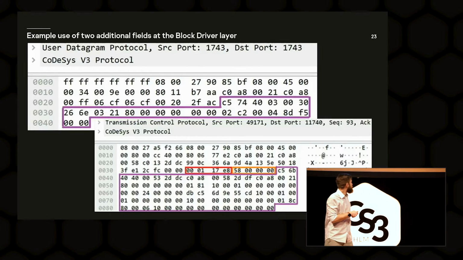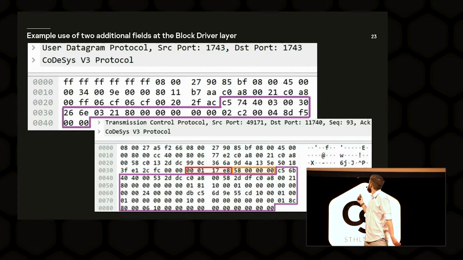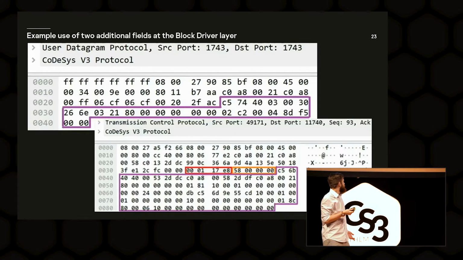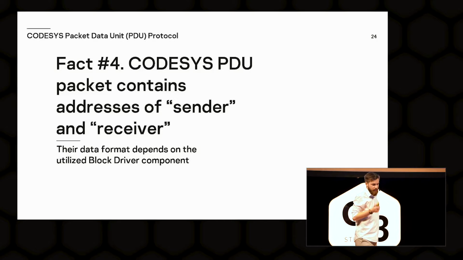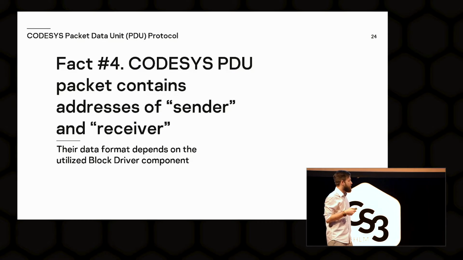For example, here we have a magic string and the size of the remaining data, which is one plus the size of its own size, plus the size of the previous field. That's really strange because a field must know its own size, but it works like this. And the next fact is that CODESYS PDU contains addresses of the sender and receiver.